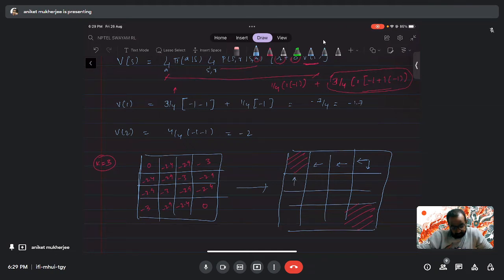Up or left, and then up or left. Up or no. Doesn't matter, right? Yeah, doesn't matter. And then it's down, and then the next one should be up. Next one should be up or left. Doesn't matter.